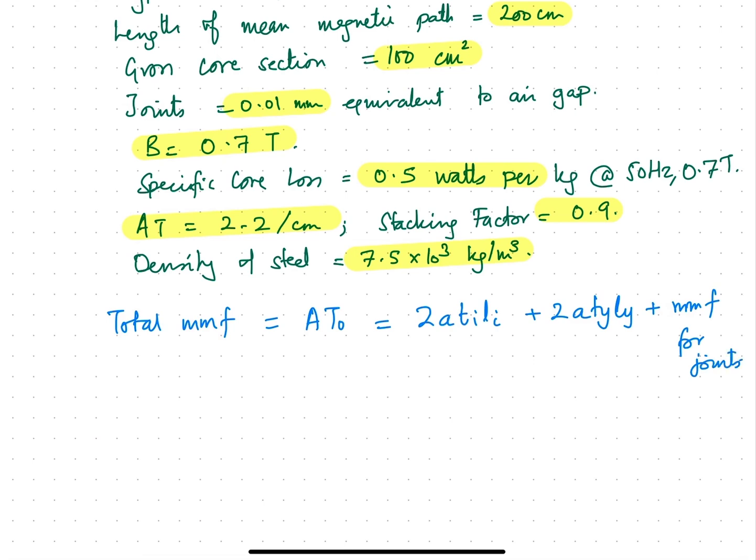So this can be further written as plus B by mu naught into length of path.